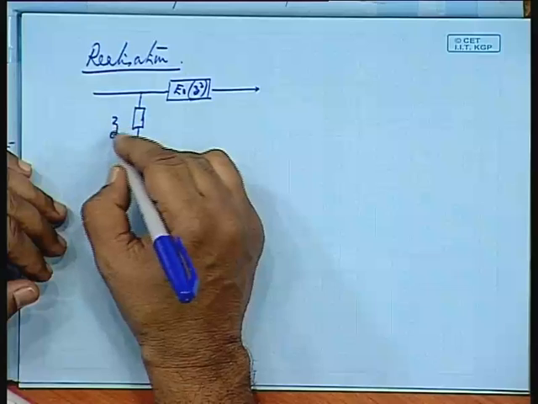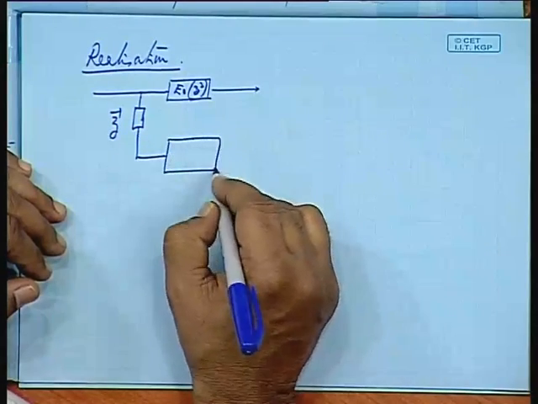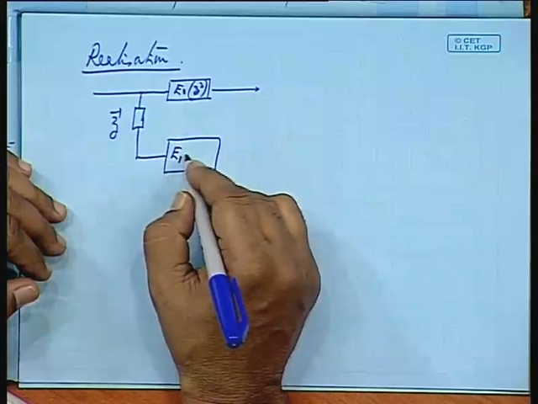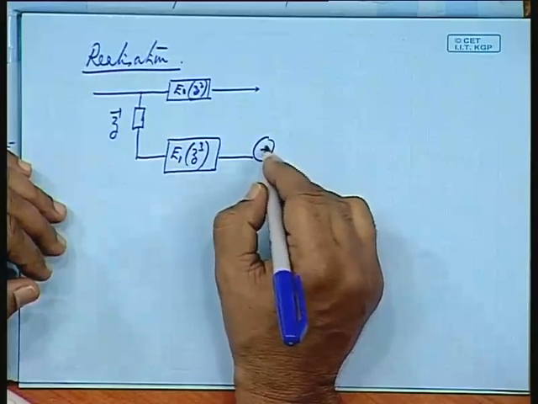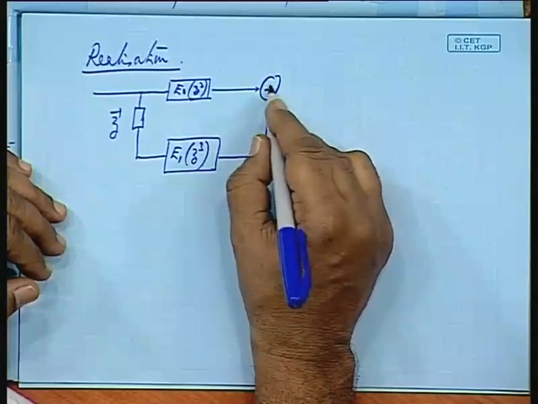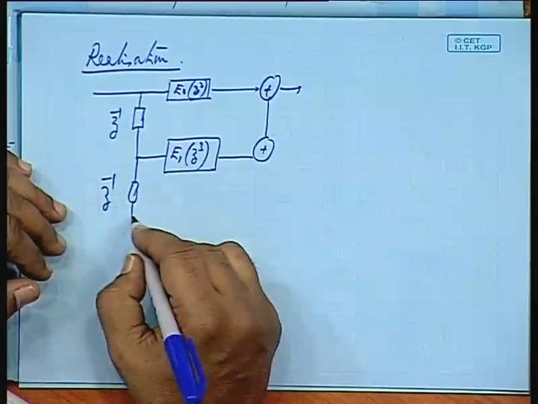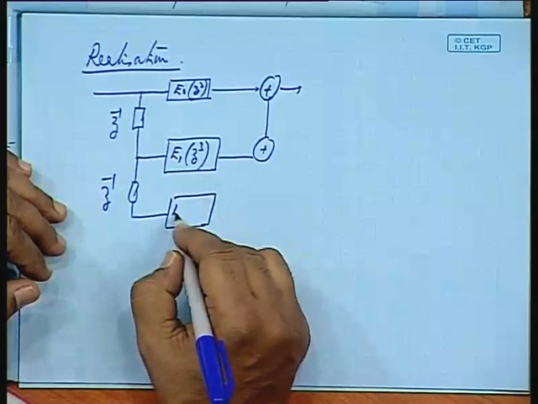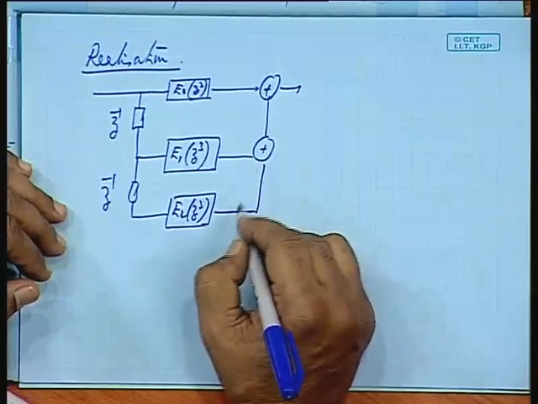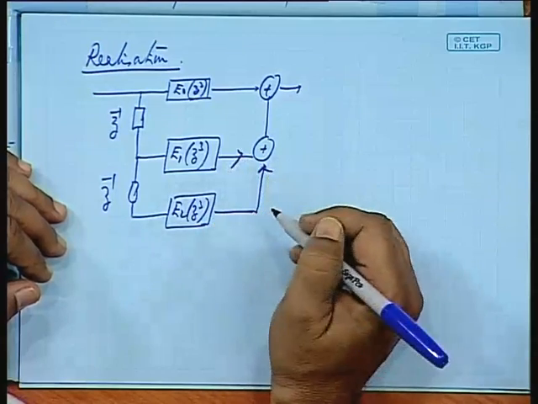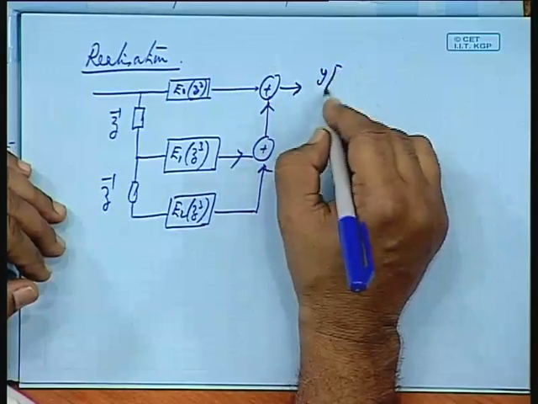Next there is a delay element, E1 z cube, next E2 z cubed. This is Yn.